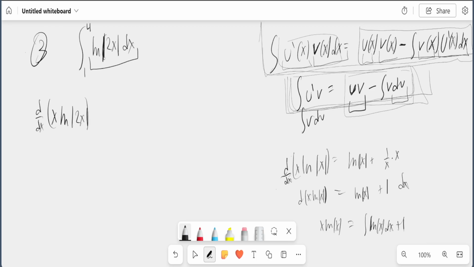Derivative of x ln 2x? Yeah. So that's f prime g plus g prime f. Is that about right? Yeah, that's right. Wait, what is the derivative of ln 2x? The derivative of ln 2x is 1 over x, right? Yeah, so then that becomes 1.